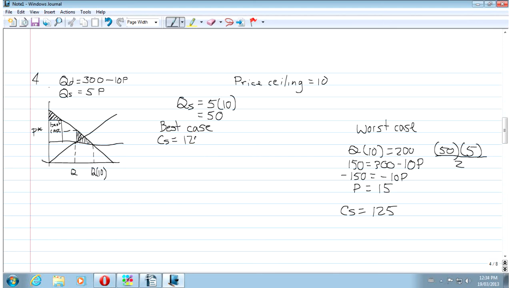So it's the area of the triangle, 125, plus this rectangle here where it's still labeled best case, right? So it's 50 is the base of the rectangle, and then the height of the rectangle can be given by our difference in price, right? We said the price height here was 5 in the worst case scenario, so it's still going to be 5 in the best case.